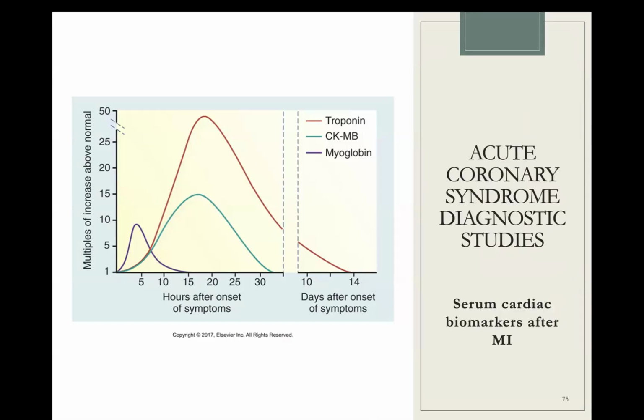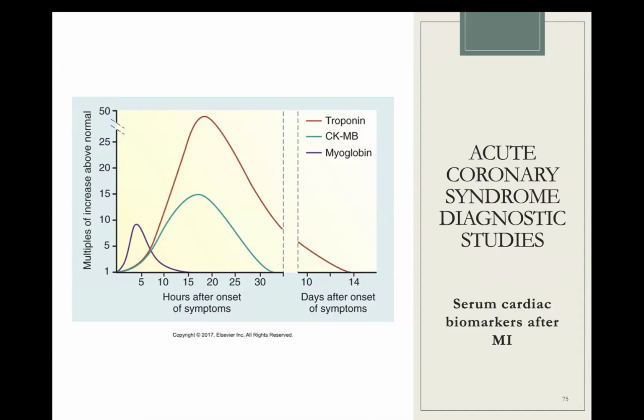All right, and so this is just a visualization of what the cardiac biomarkers look like typically after an MI. You can see that typically myoglobin will start to elevate first, but it doesn't show up in the blood for very long, and it's not a super reliable marker for cardiac muscle, just for muscle injury in general.